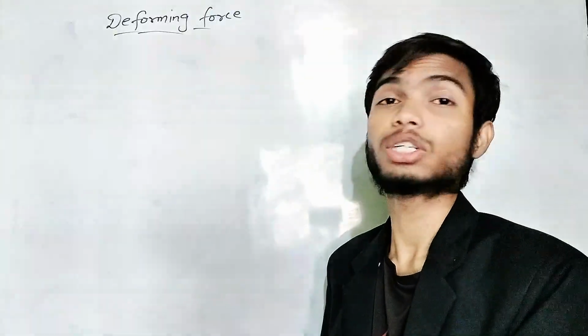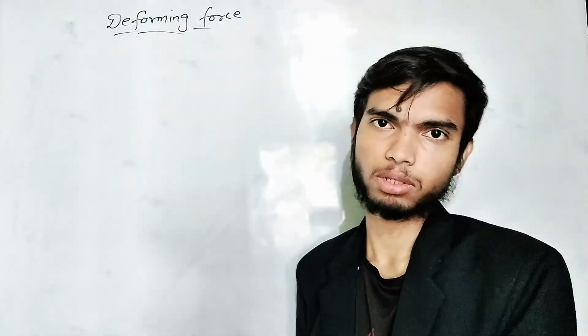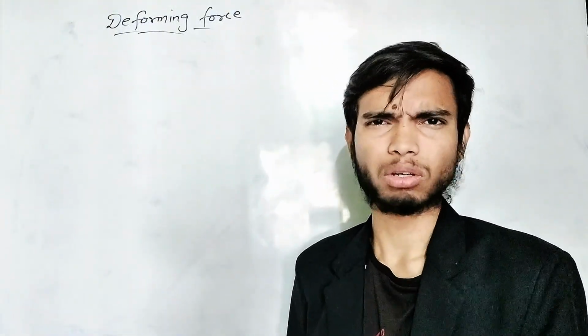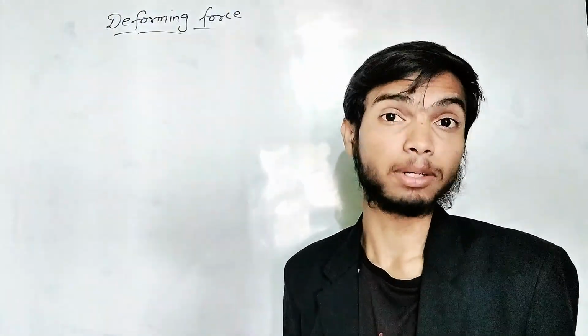If a body is deforming by applying force, it means the body is going to change its original configuration. That is what will happen when force is applied, and this is our deforming force.